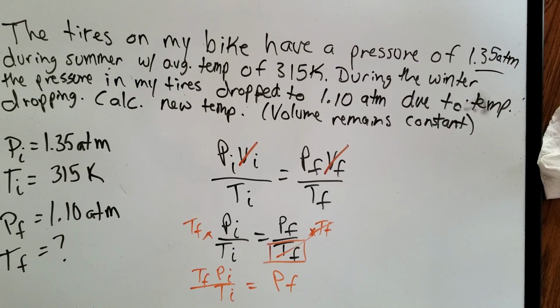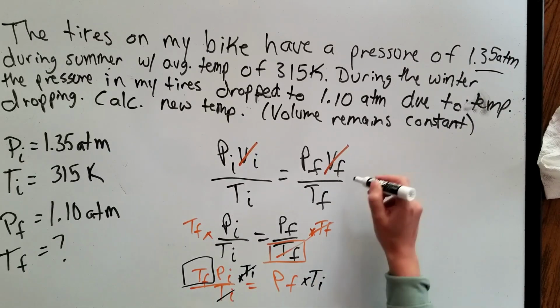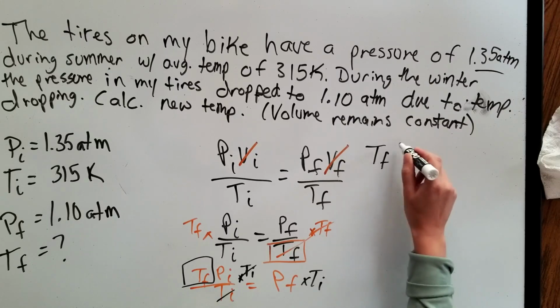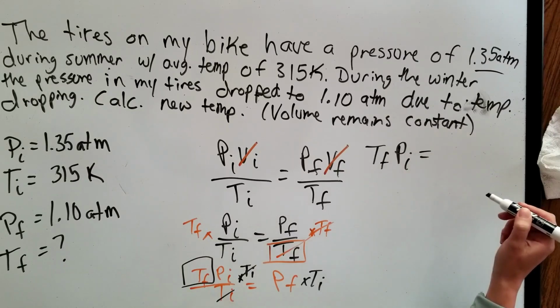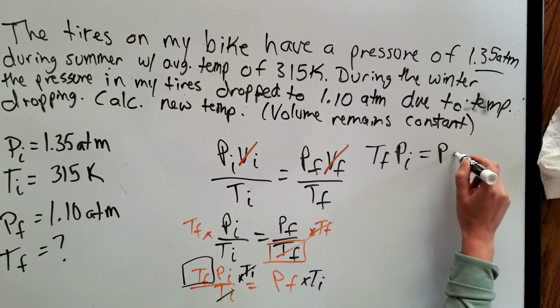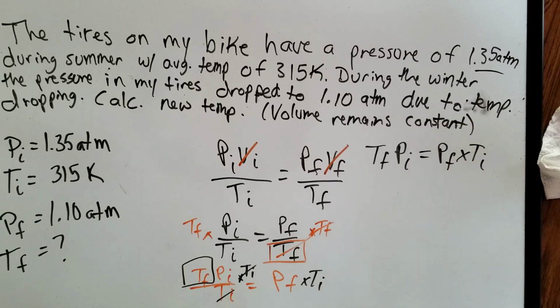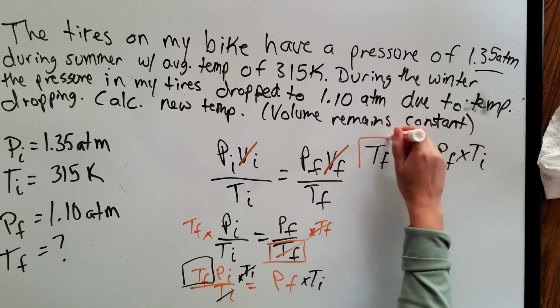A couple different steps. I'm still looking to get TF by itself. To get rid of TI, since that's in the denominator, I'm going to multiply to get it up in the numerator. It'll cancel on this side. And I have TF PI now on the left-hand side of the equal sign, and I have PF times TI on the right-hand side.